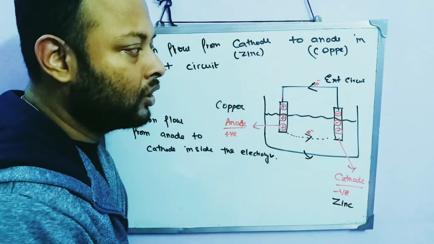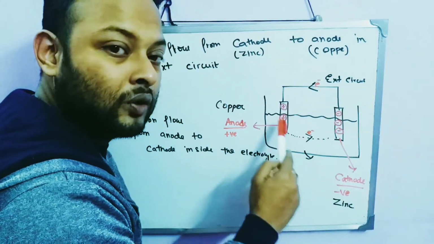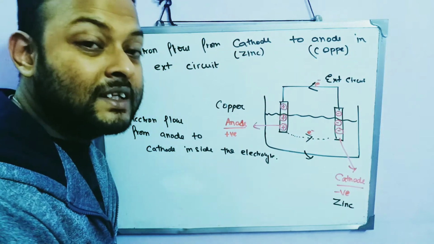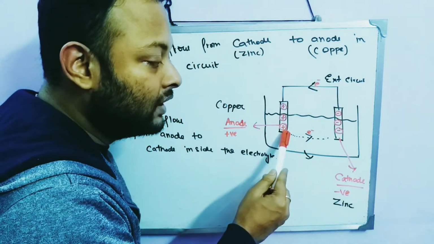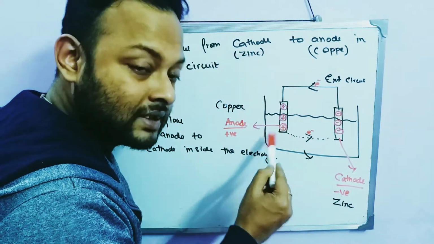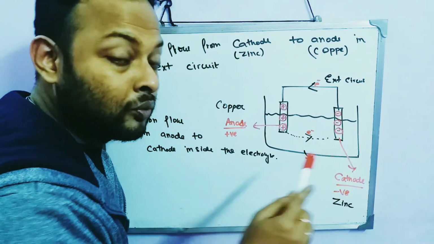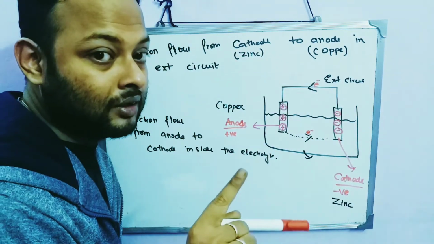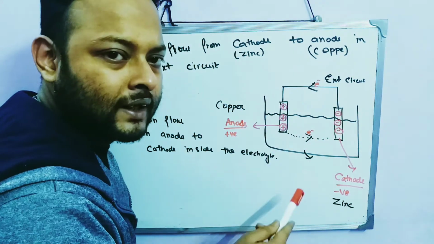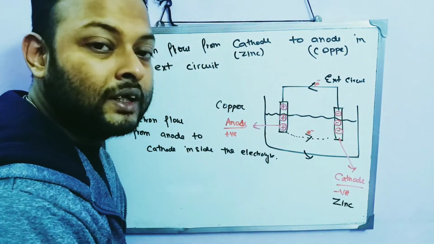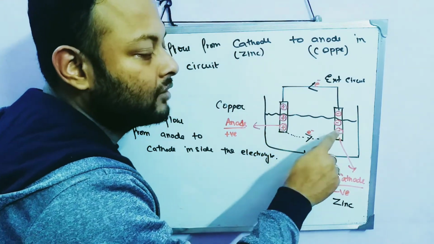The battery is not doing any work in the external circuit, but inside the electrolyte it is doing some external work in making sure the electron goes from the positive terminal to the negative terminal, which the electron does not want. Obviously, if it is negative, why would it go towards the negative? But we can do it by doing some external work.